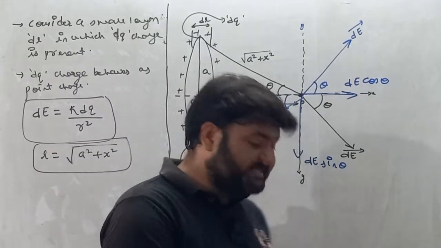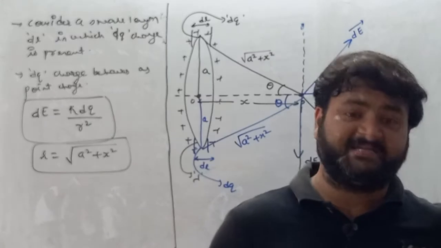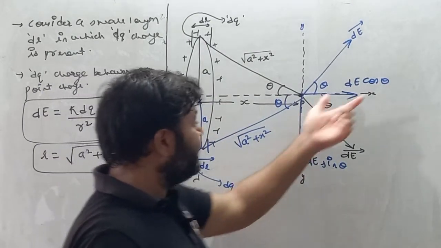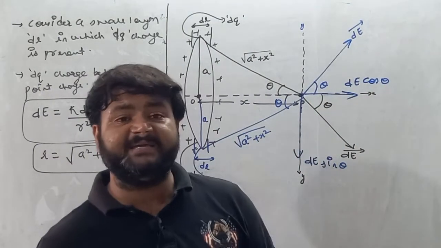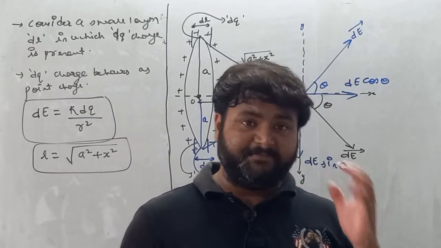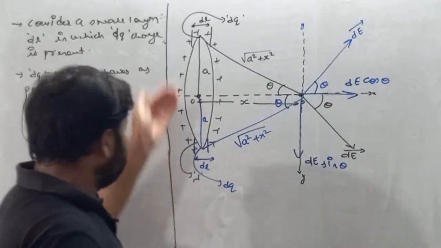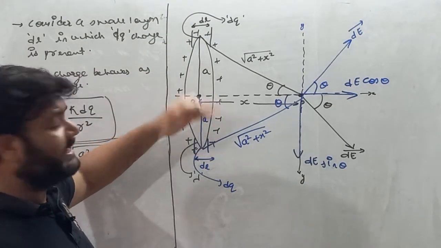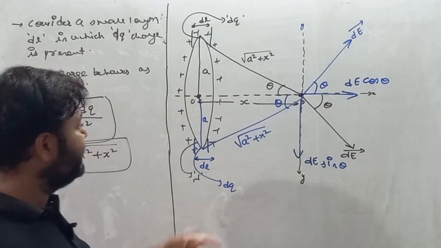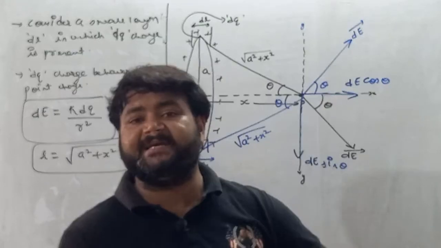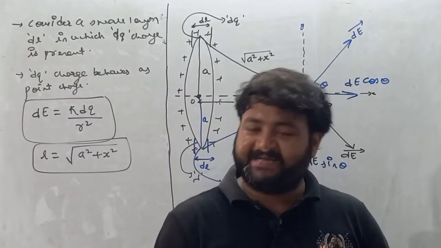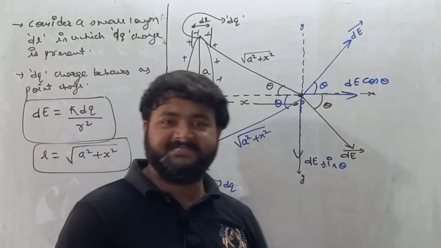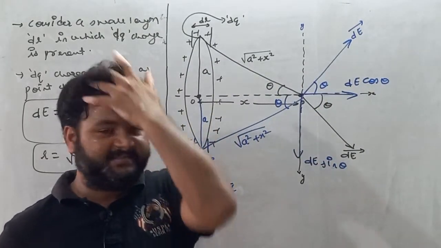This dE lies between the x-axis and y-axis. Why do we do this? Just to identify which component of electric field is effective, either dE cos theta or dE sin theta. We have to perform a similar thing below the diameter, opposite to it.